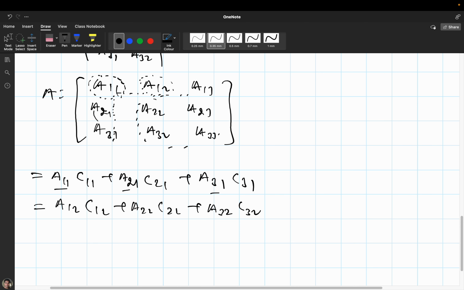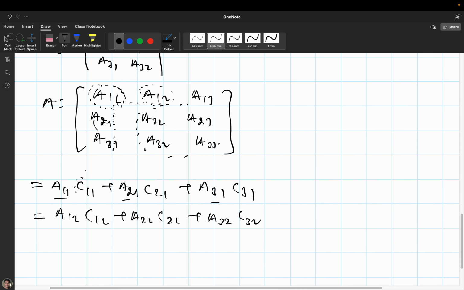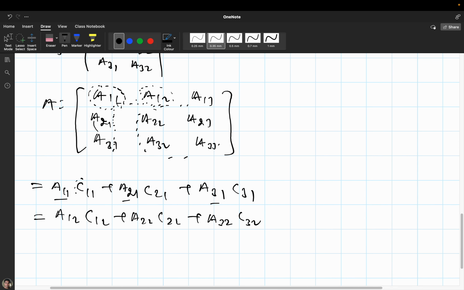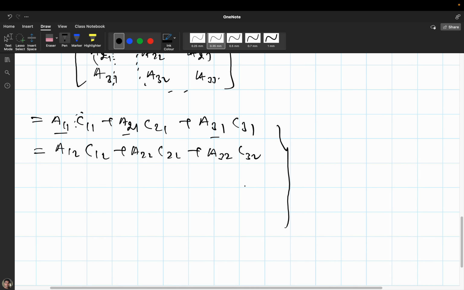Here I am taking A11, A21 and A31 and multiplying by this term, which is obtained by ignoring that element's row and column. So there are six ways: like this, like this, like this, like this, like this, and like this. So the determinant of A can be represented in these ways.